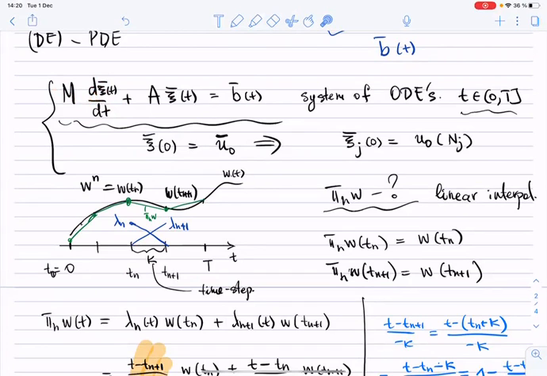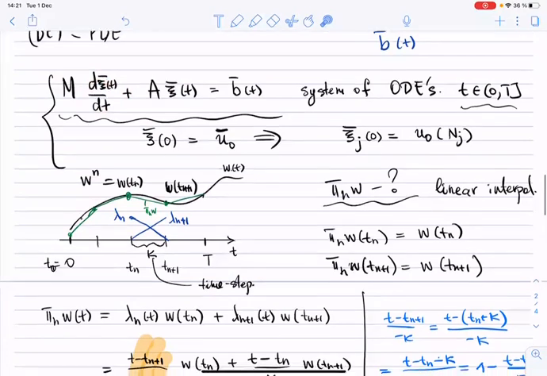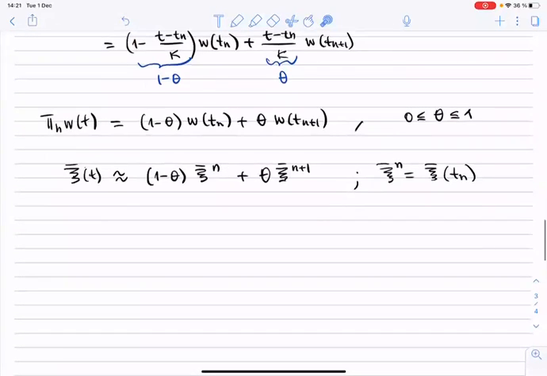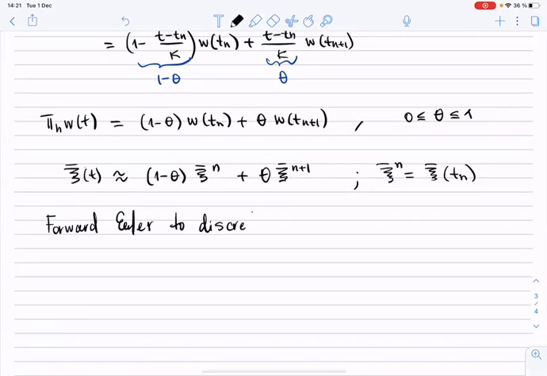In this note that I wrote, I just use simple forward Euler to discretize the psi dt.